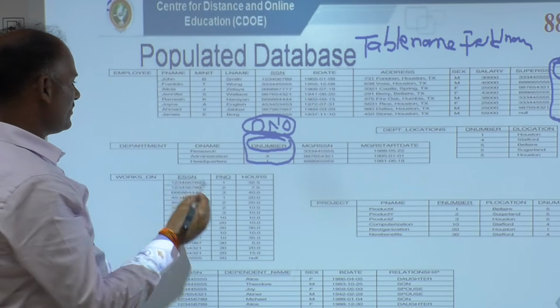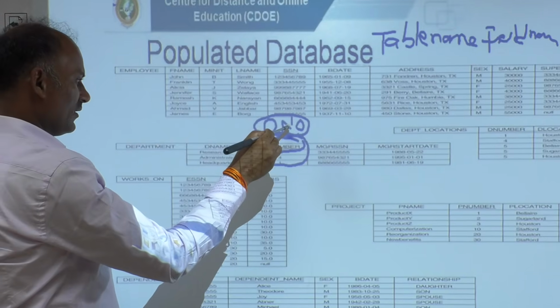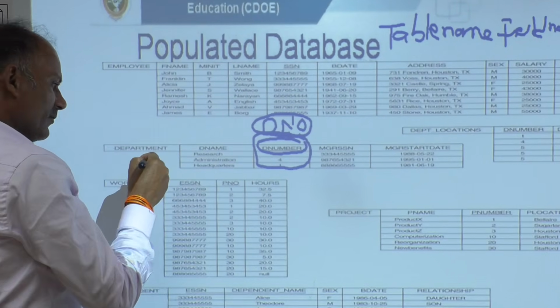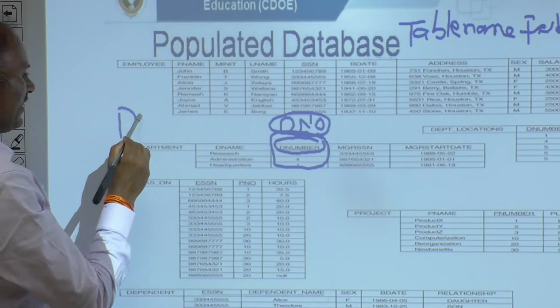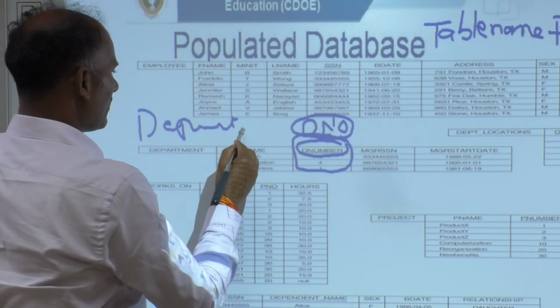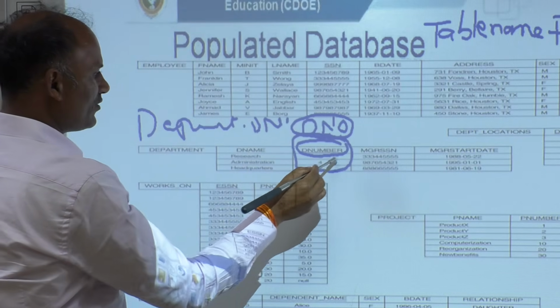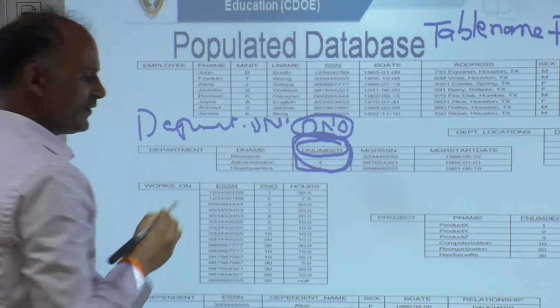Now, if you want to display the data from the department number of department, you specify department dot d num. In that case, it displays the information from this field.